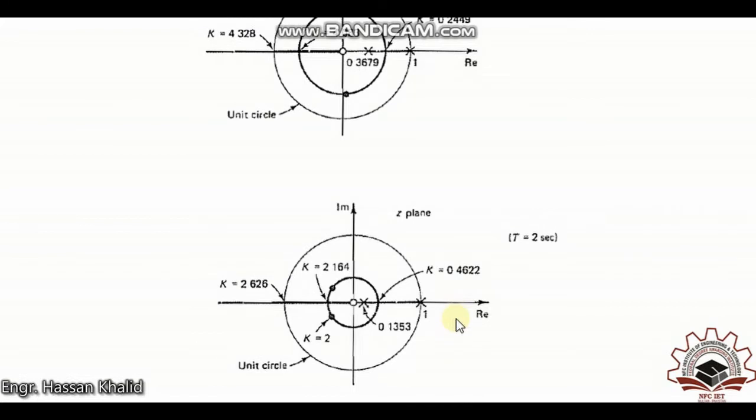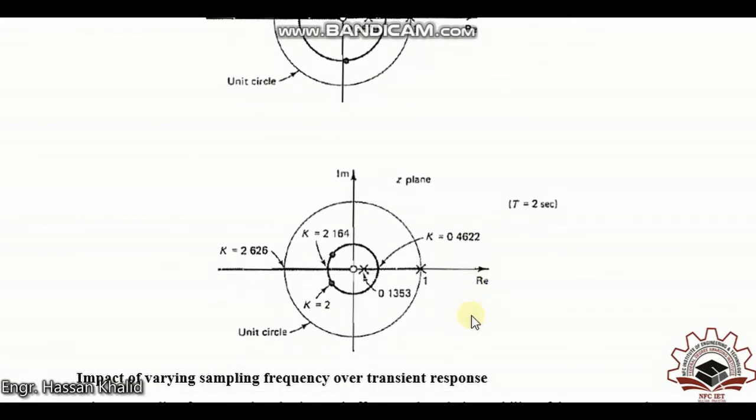Lastly, if we increase T further to 2 seconds, the diameter will be reduced further, and the values for the gain have changed once again and are now 0.4622, which is the break-in point, which has been reduced further, and the breakout point is now at 2.164.